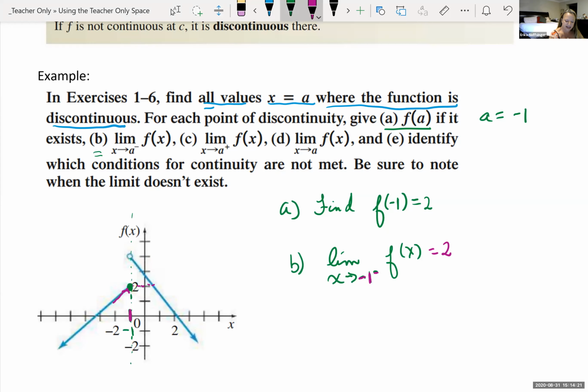But if we look at it as we're coming in on the right-hand side, looking at -1, going to the picture directly to the right, we're getting closer and closer to, not including, a value of y equals 4.